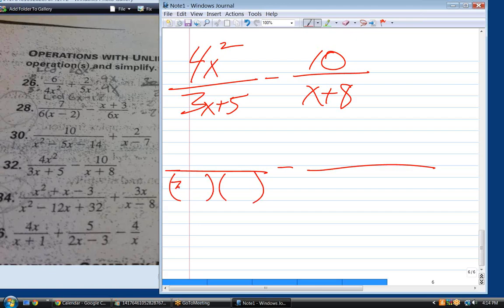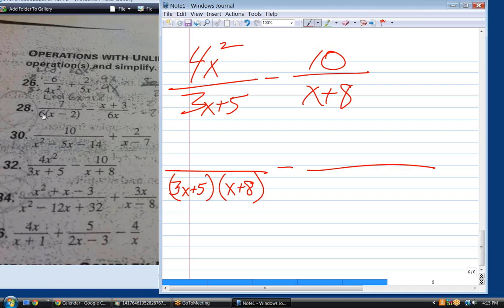I don't know. A common denominator is always going to be the product of both of them. In this case, that's also a least common denominator. You don't always have to take the product of them. In other words, if I go back to 28, I didn't multiply 6x times 6x minus 12 to come up with my common denominator.